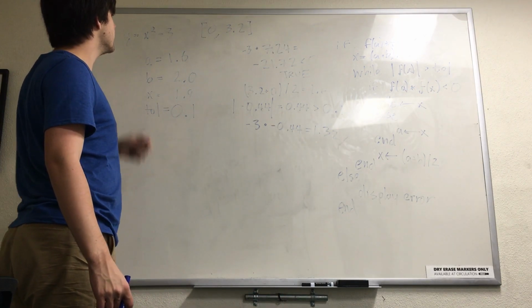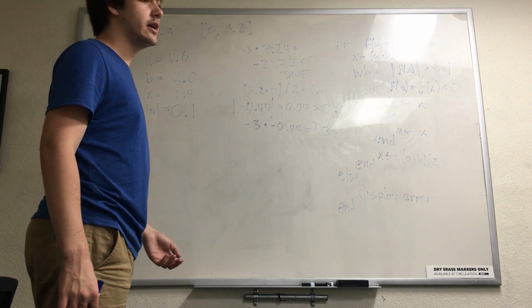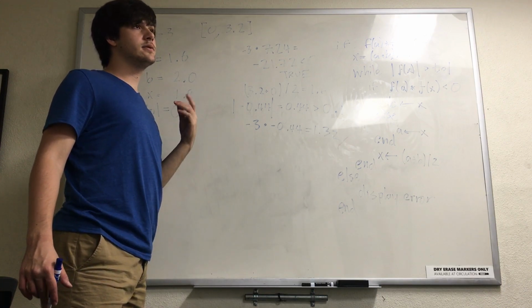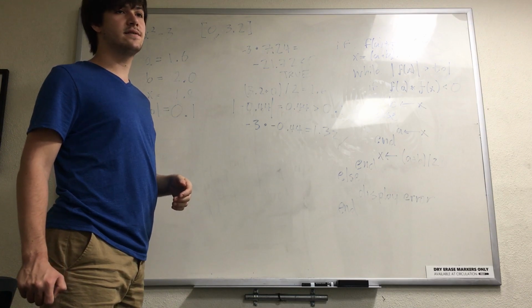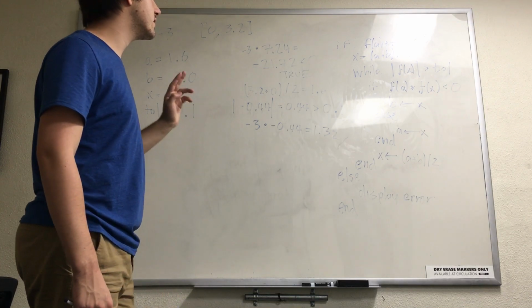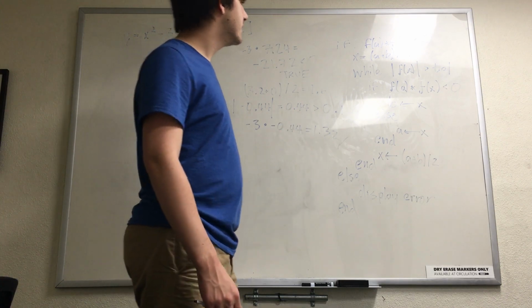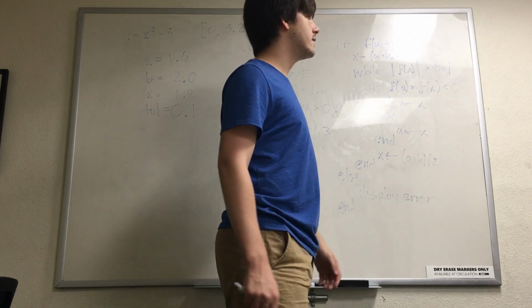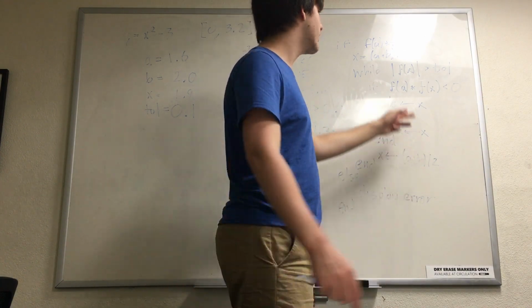So f of a is equal to minus 0.44. f of x is equal to 0.24. And whenever you multiply it, you would get negative 0.1056, but whatever.